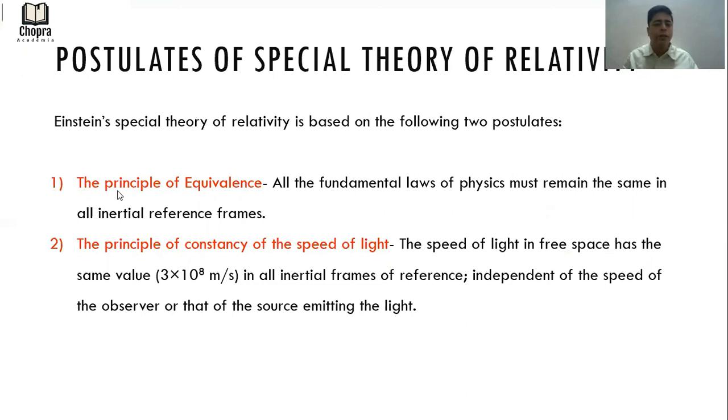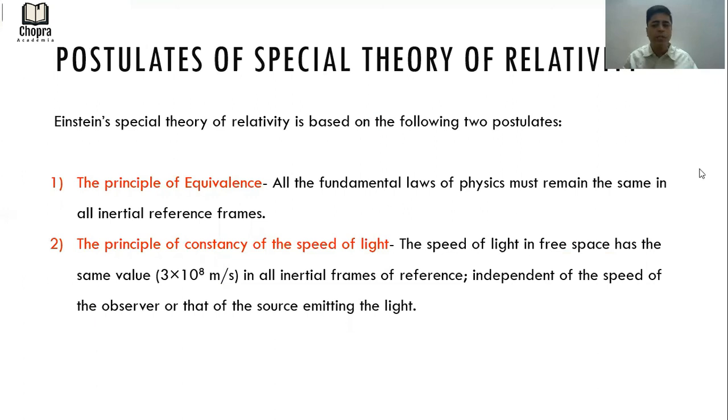If the laws of physics were different, then it would be very difficult to discuss any such systems at all. So laws of physics have to be the same. There has to be some common platform with respect to which you can discuss the special theory of relativity, isn't it?